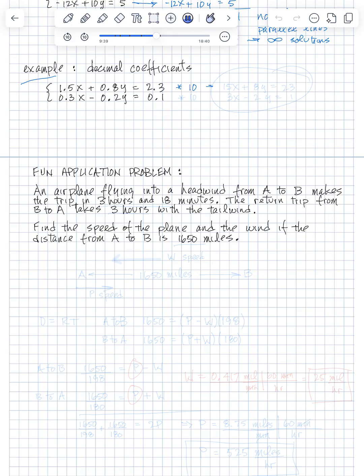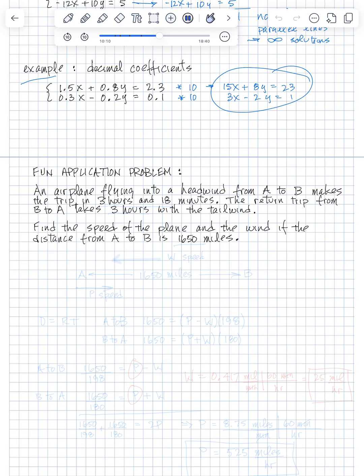So this is going to give 15x plus 8y equals 23. And the bottom one, multiplying by 10, gives you 3x minus 2y equals 1. And then you just solve this just like we solved previous equations.